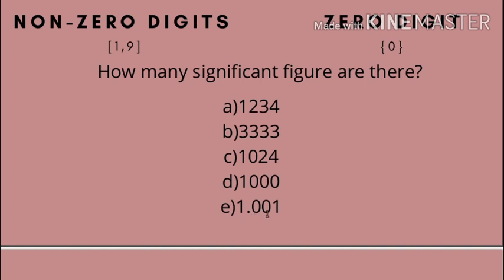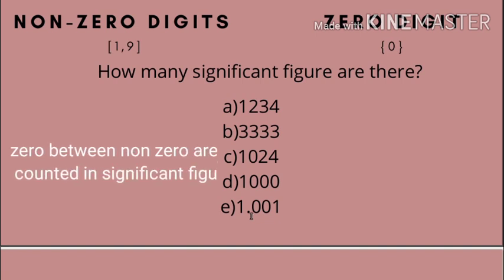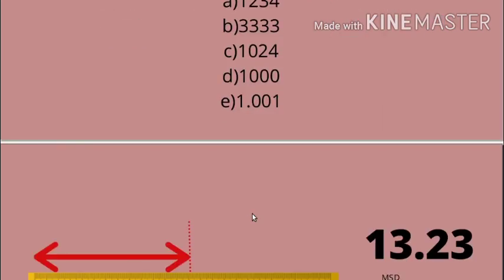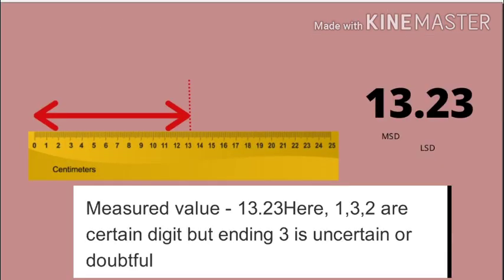This means 2 zeros and 1 digit are on the right side of the point and one number is on the left. So 1 0 0 1 will be counted as 4 significant figures. The reason being, all the zeros in between the non-zero digits are counted as significant figures. Do you understand this? Okay, move to next one.